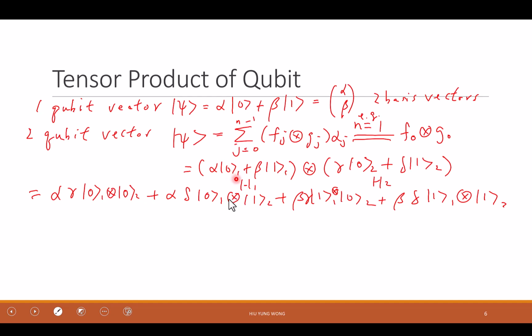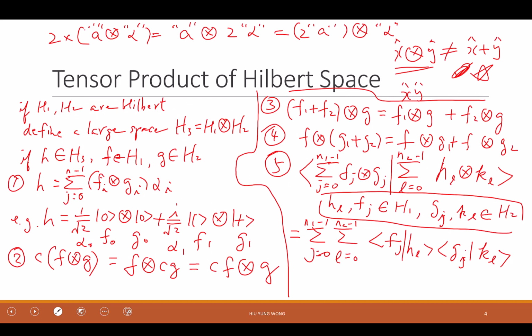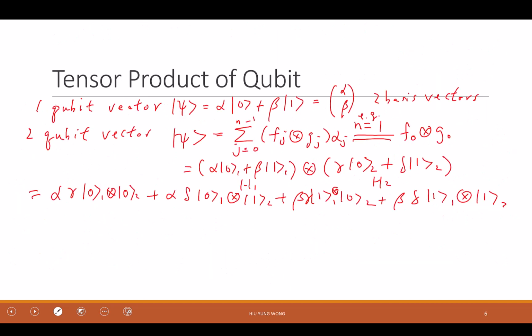What I'm doing is just like regular multiplication. Why can I do that? Because I already showed you this equation, the distribution law, right? So I can do alpha times gamma, 0_1 0_2, alpha times delta, 0_1 1_2, beta times gamma, 1_1 0_2, beta times delta, 1_1 1_2.